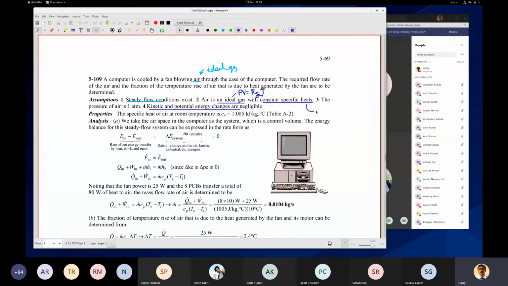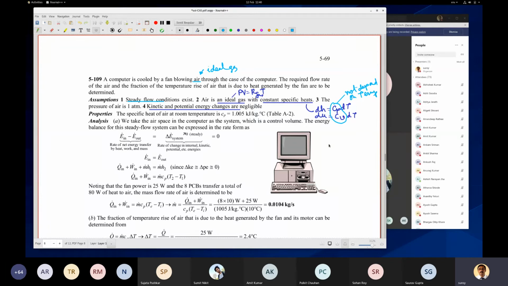Constant specific heat means dH equals Cp dT and dU equals Cv dT, and these are constants, not dependent on temperature.